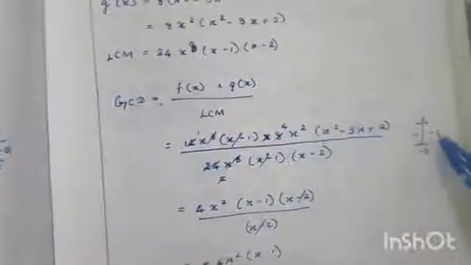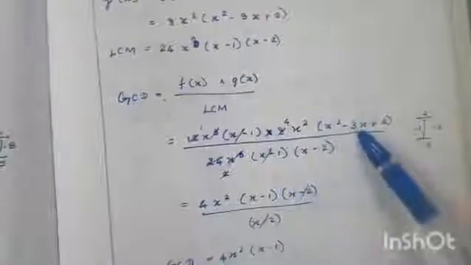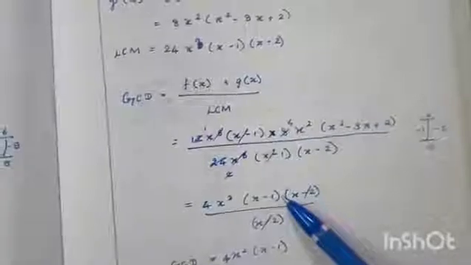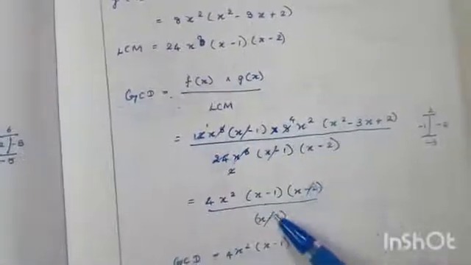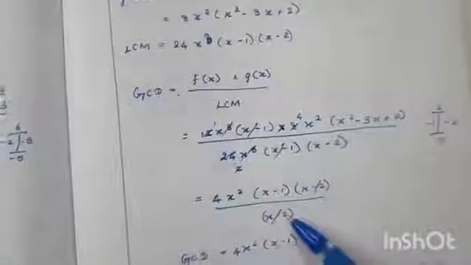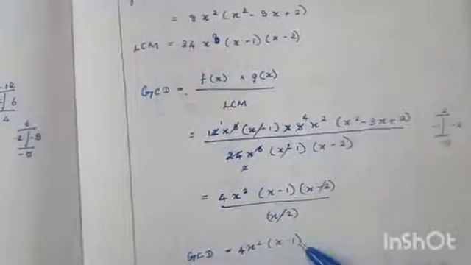For this quadratic expression you have to find the factors and write them, divided by x minus 2. After finding that, again you have to cancel x minus 2 with x minus 2. After cancelling we have 4x square into x minus 1.